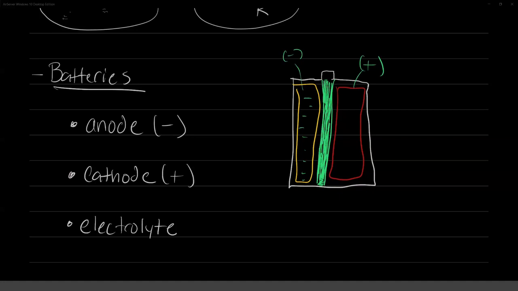Then you have, say, a wire that connects either side of the battery. Don't ever do this. Don't ever take a battery and put a wire on it. You'll hurt yourself. But the idea is once this is connected, this allows the electrons to flow through. This is from the positive side to the negative. It allows them to pull through until the chemicals fully convert to either side, right?